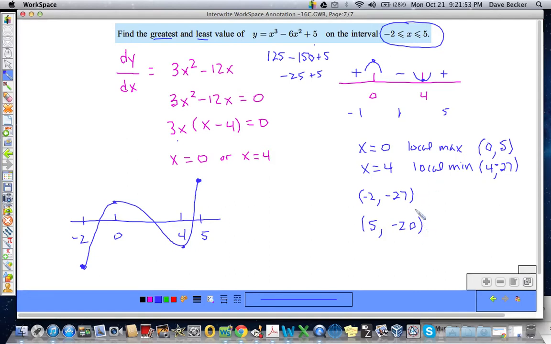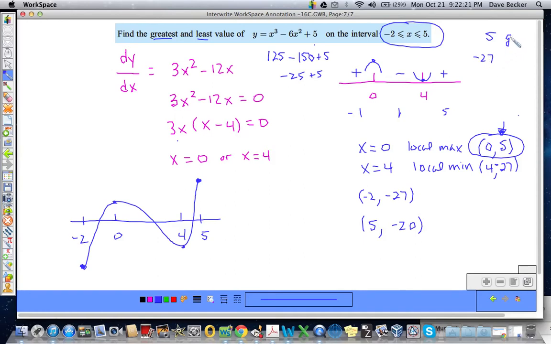Okay, so we have to check this out. Our maximum value is going to be at 0, 5, because that's the maximum value of our function right there. So the greatest value of the function is 5. And the least value of the function: negative 27, negative 27, and negative 20, the least is negative 27.